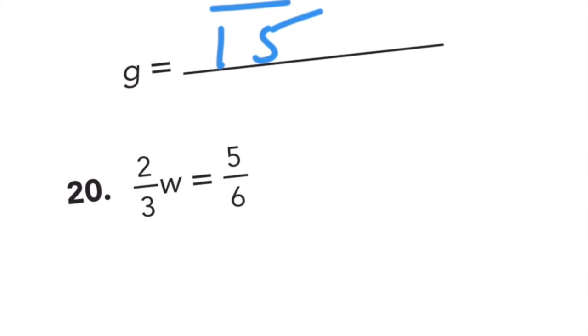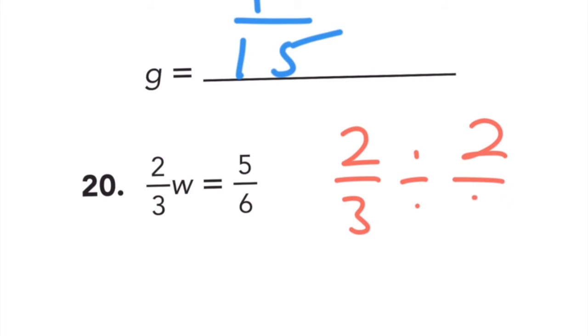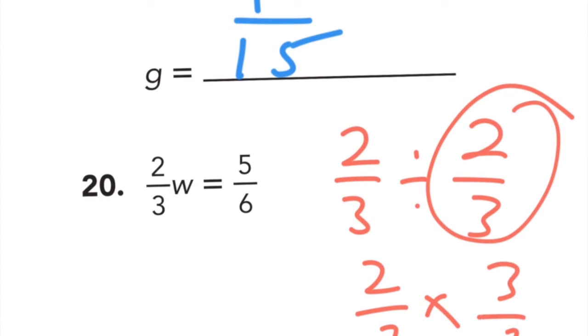So we have 2/3 w equals 5/6. So we're multiplying by 2/3. We need to get rid of 2/3, so you multiply or divide by 2/3. When you divide by 2/3, what I'm really doing is taking it times the reciprocal. Even though it's division, we're multiplying.